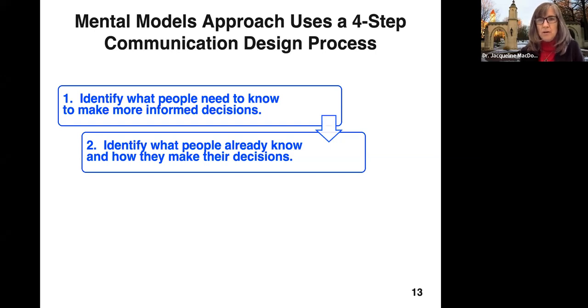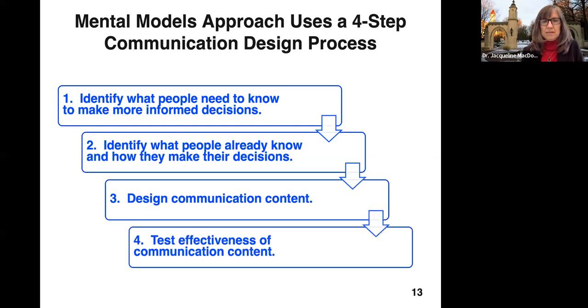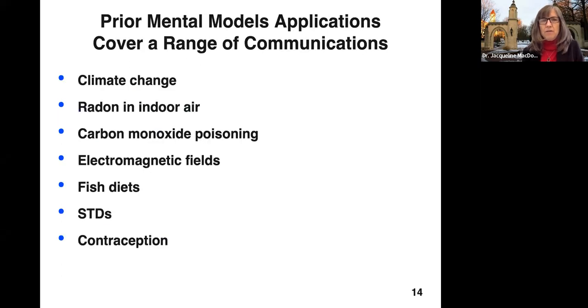One is making sure we don't waste our precious real estate in risk communication messages with information that's already self-evident. Also, that we're correcting any common misperceptions that are leading people to make decisions that aren't in their best interest. And then once those steps are done, the communication content is designed. And then the last step is to see if it works and to test the effectiveness of it. So we did all of those things.